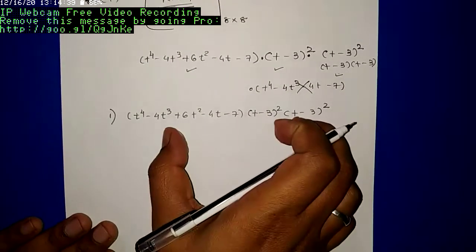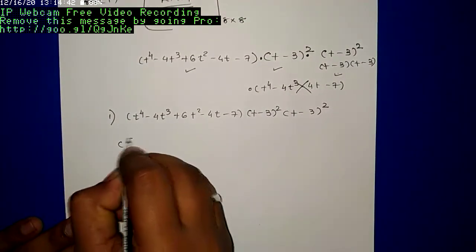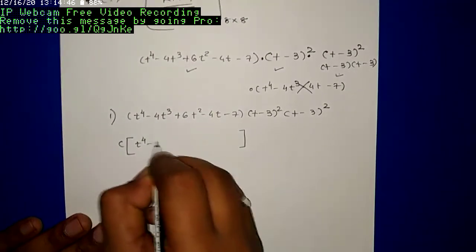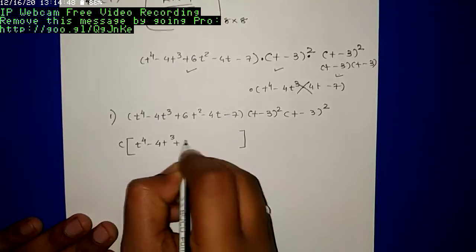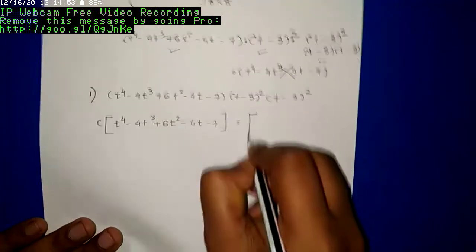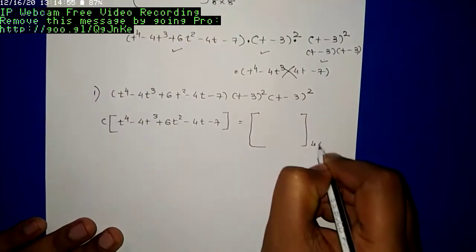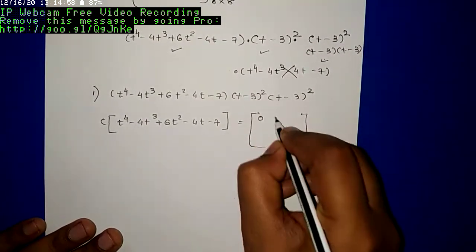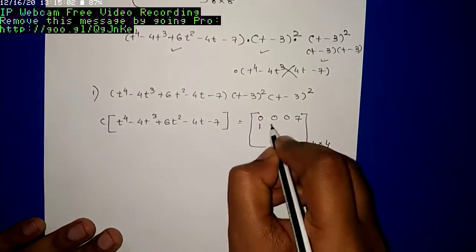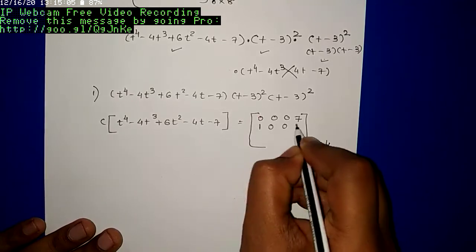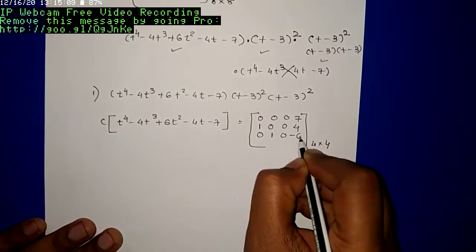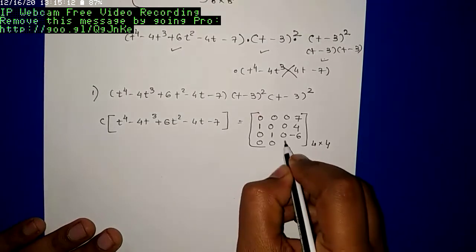And for t raised to 4 minus 4t cube plus 6t square minus 4t minus 7, your companion matrix is nothing but a 4 cross 4 matrix, which is 0 0 0 plus 7, 1 0 0 plus 4, 0 1 0 minus 6, 0 0 1 plus 4.